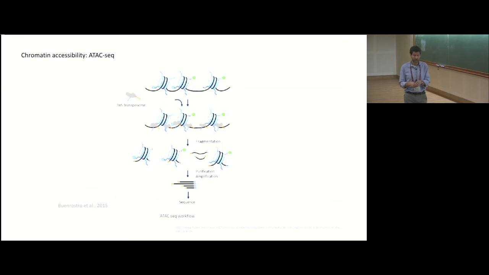So one of the things that happens when a region of DNA is acting as an enhancer is that many of the histones are displaced to the sides, right? They are bound by transcription factors, which are bulky, but on average, the DNA is more naked than if the DNA is not bound to transcription factors.